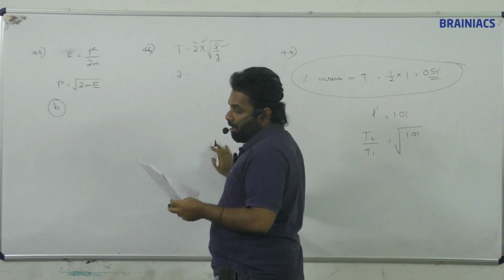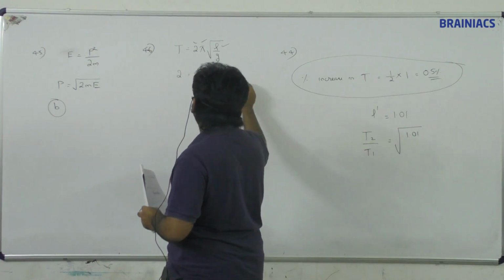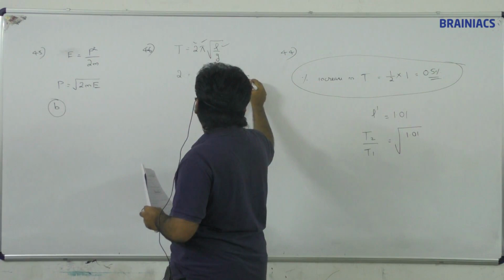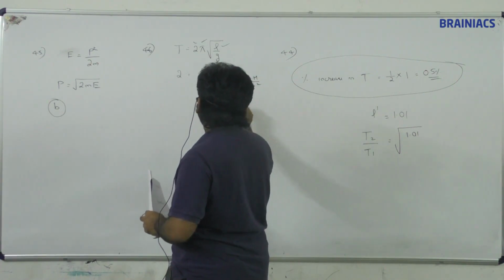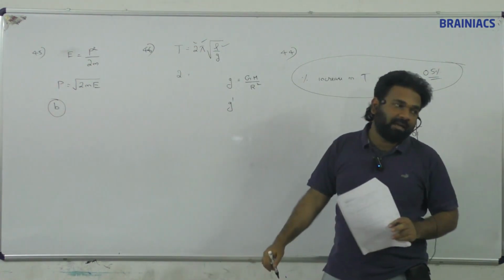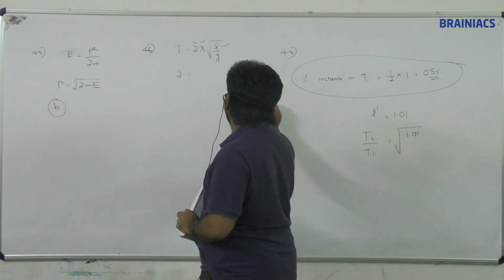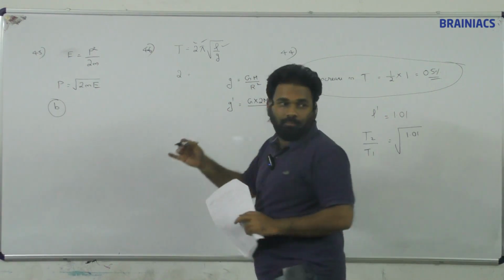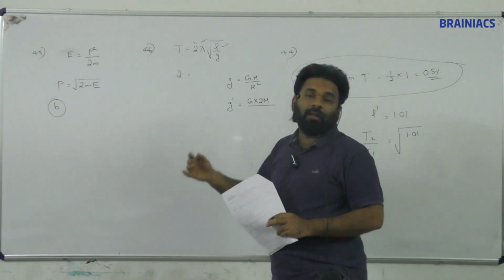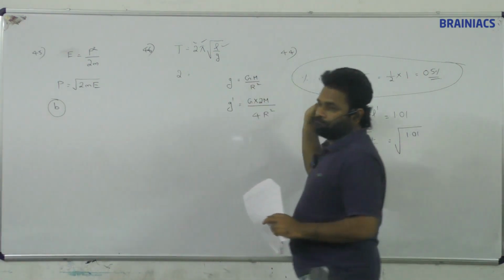Diameter and mass are twice. So what is the formula for g? G M by R square. So in that planet, how much will be g dash? G into 2M divided by radius will become double, so 4R square. Correct?